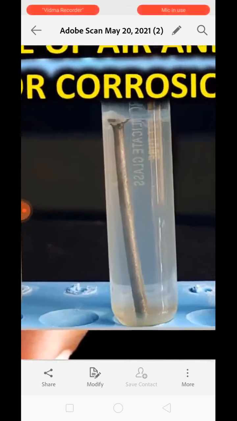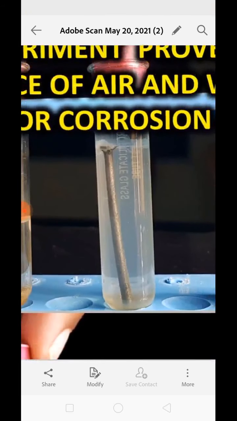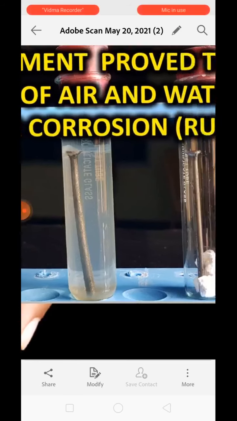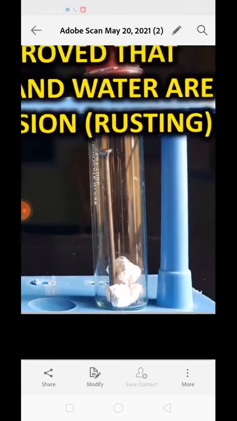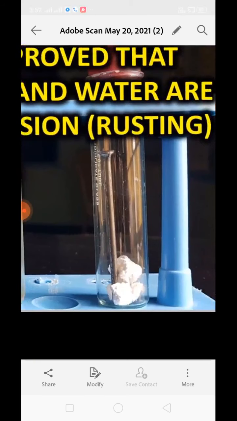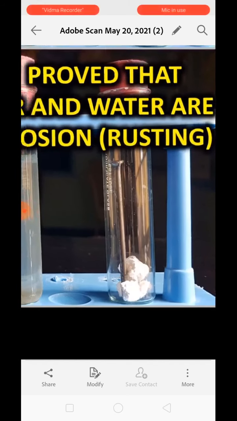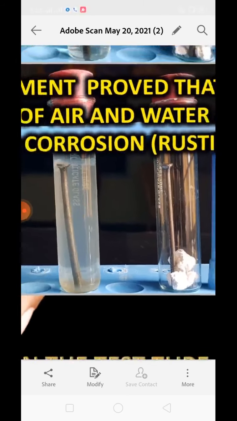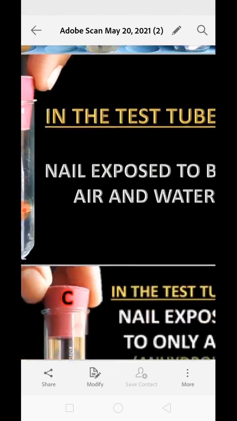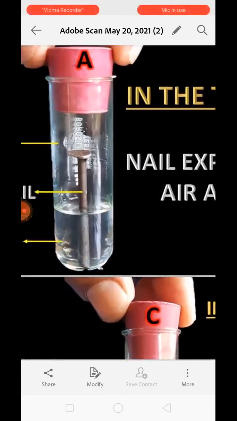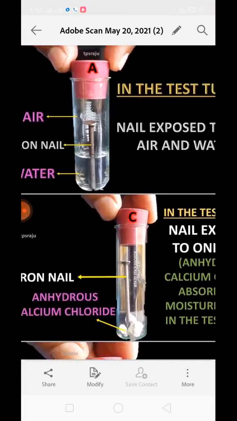Whereas the iron nail in B, in which we have boiled water, and the one in which we have added anhydrous calcium chloride are not rusted. Why? Do you have an idea? Because see over here, in test tube A we have used tap water.